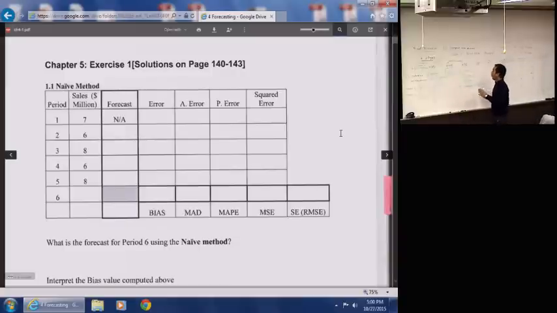Again, the advantage of the MSE compared to the MAPE or the MAD. The MAD is the average of absolute errors. The MAPE is the average of the percentage absolute error. The downside of using MAD or MAPE is that they don't really distinguish between small errors or large errors.